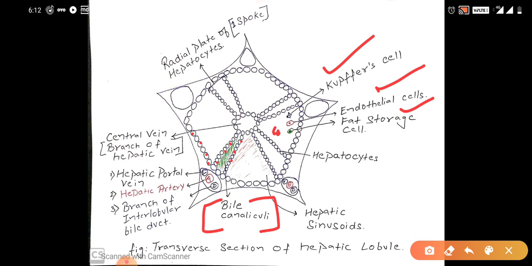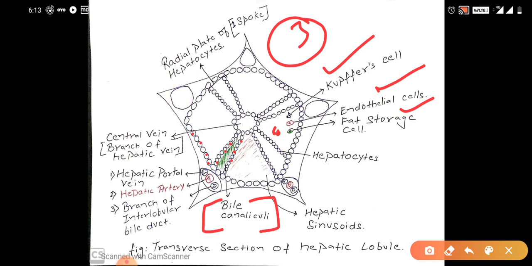Okay, now moving towards the portal triad of liver. Triad means three things are present there, and portal means it is related to portal system, that something is coming from the intestine to the liver. So what is coming from intestine to the liver?